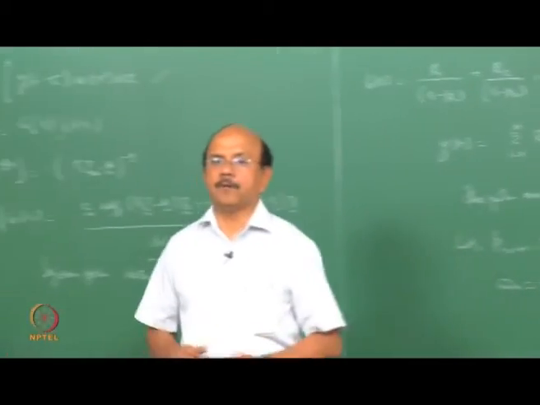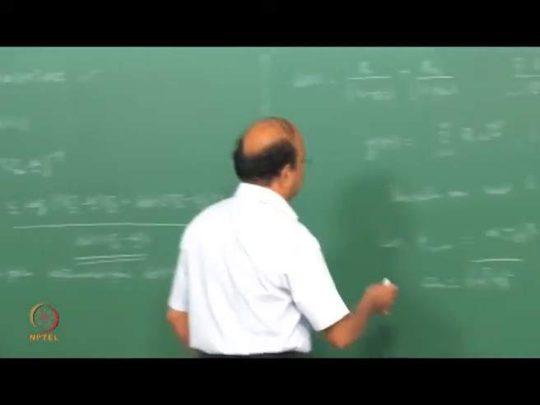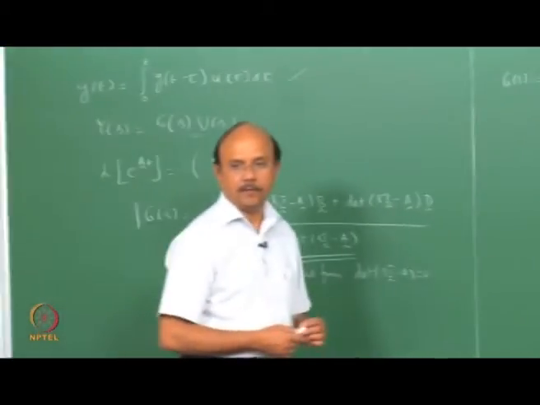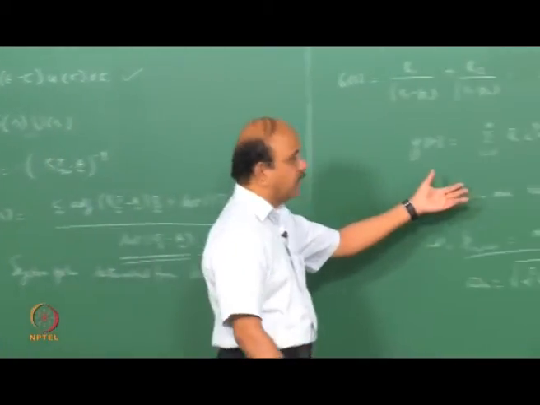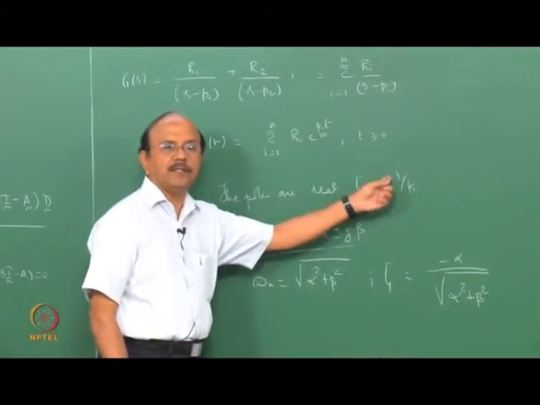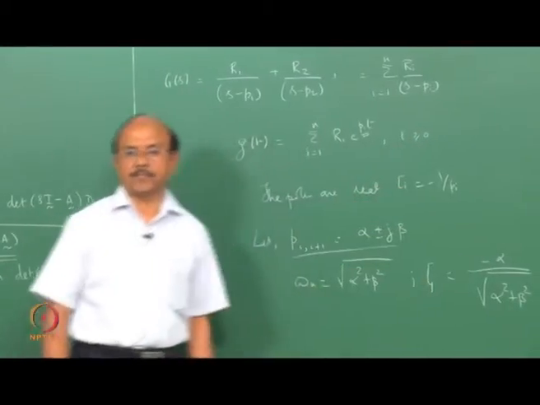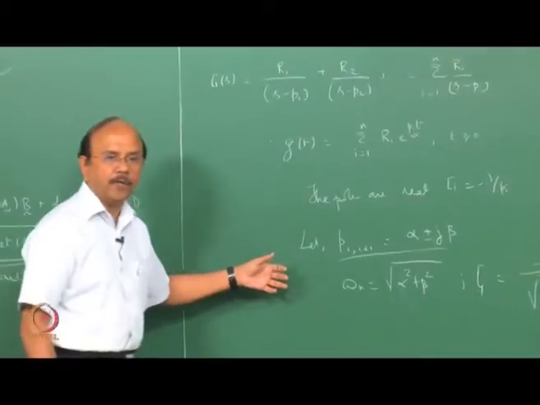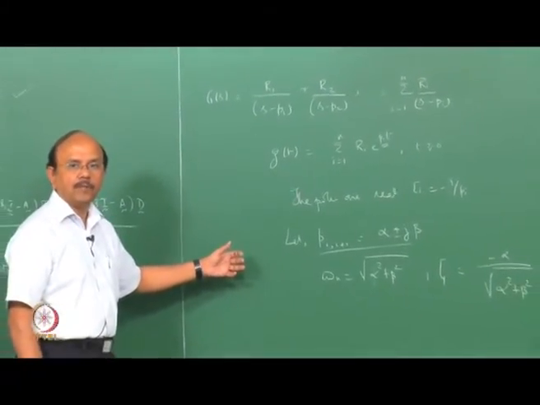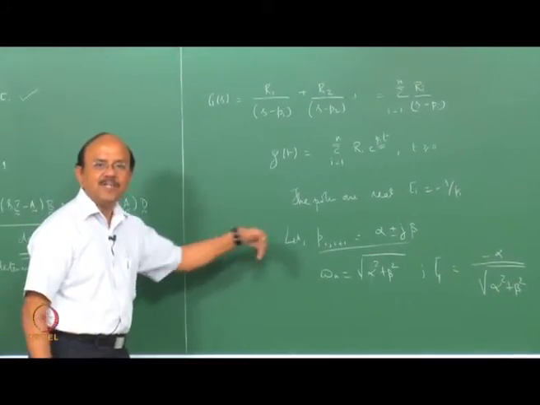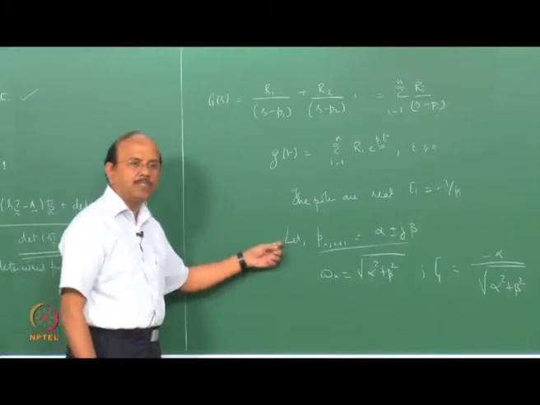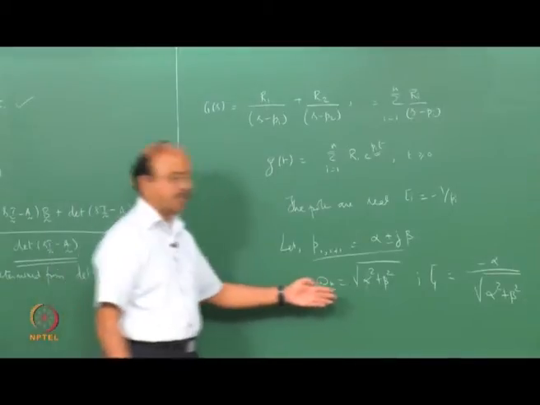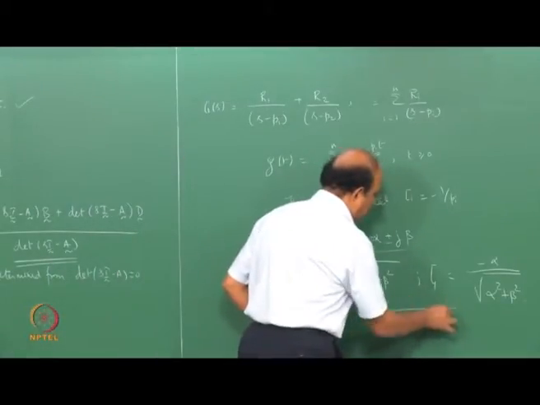So the relationship between, say for example, the poles, of course you know that they have to be complex conjugates, or they can be only real, in which case you are looking at the time for relaxation and so on, that is given by this time. And more importantly, if you want to pick the relationship between the poles, the natural frequency and damping, then the relationship is given by this form.